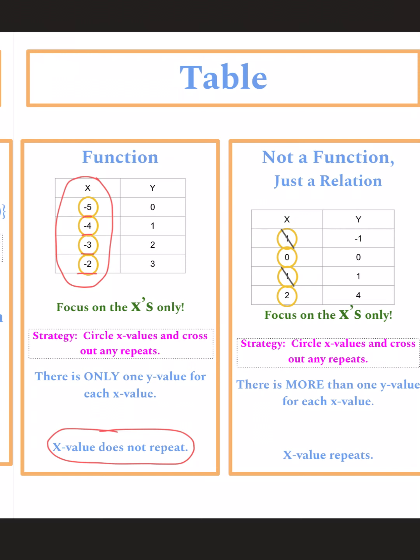And then we look at the second table, and we notice on the x values, the 1's repeat, and since the 1's repeat, we also want to check the y's, that they don't repeat as well for those x values. And since the y values are different for the repeating x values, then this is not a function.